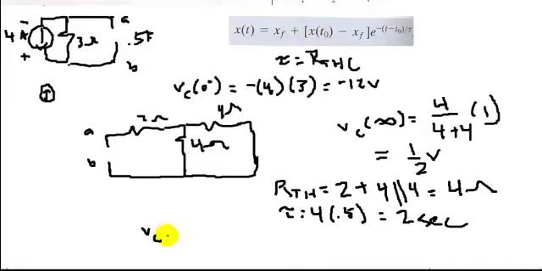So this VC of t is equal to 0.5 times (1 minus e to the minus t over tau, which is 2 seconds), times u of t.